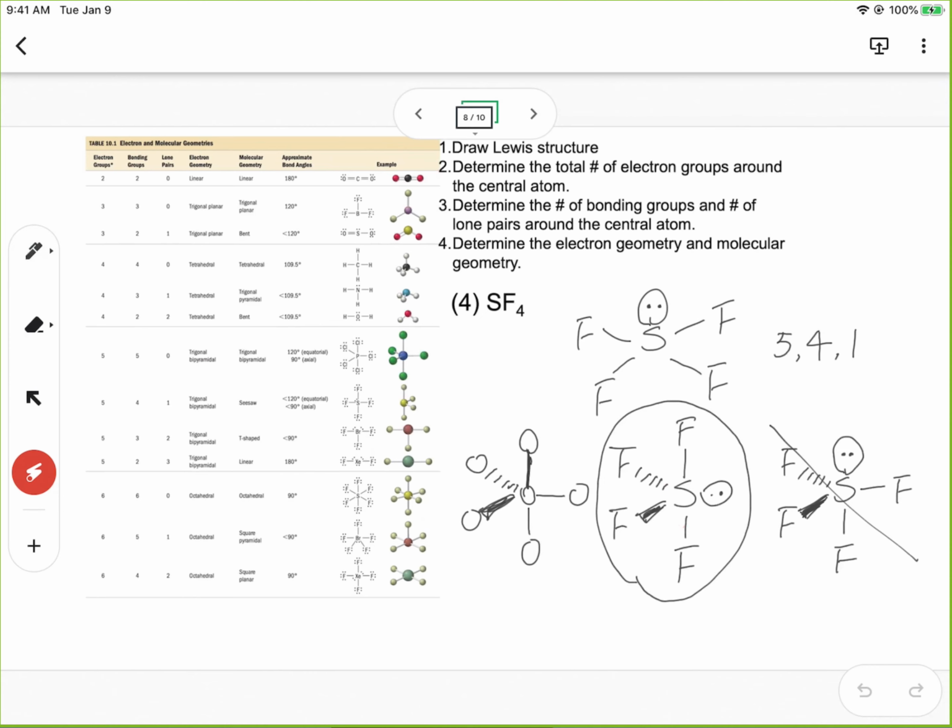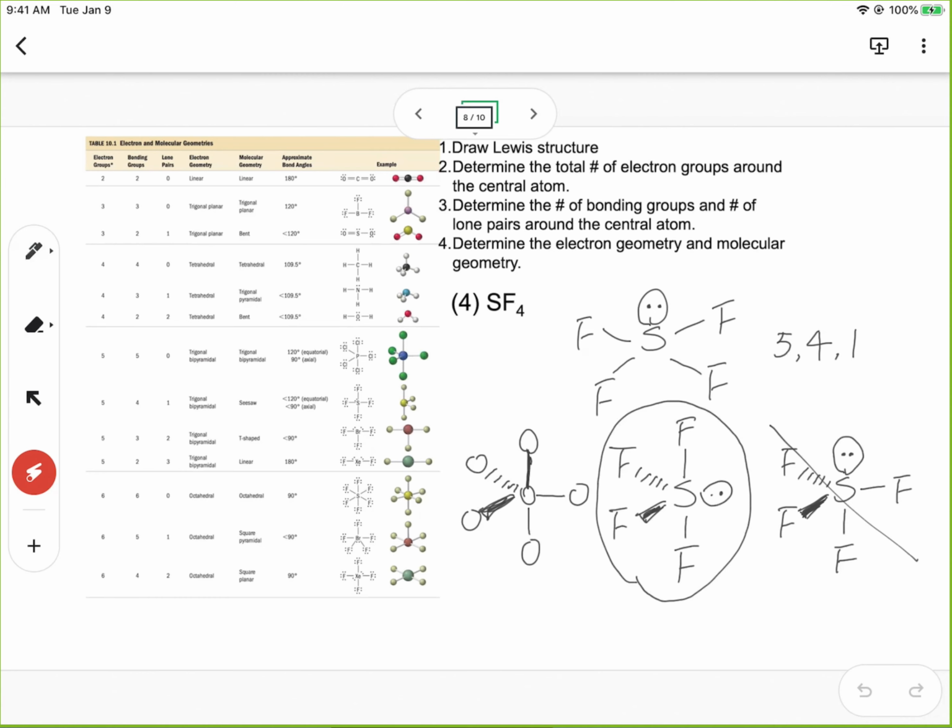It's less than 180. And this angle, so these SF bonds and these SF bonds, are not 90 degree anymore. They are going to be less than 90. Can you see that right here? Less than 90 and less than 120.